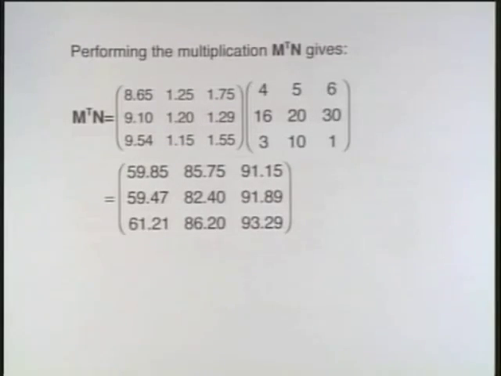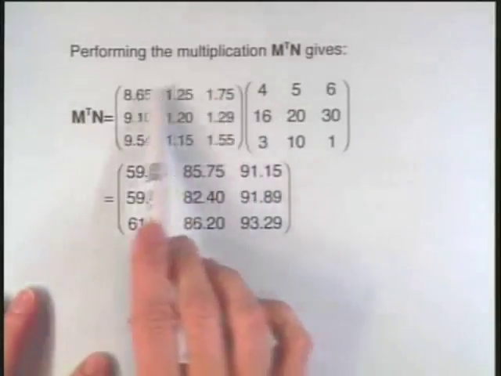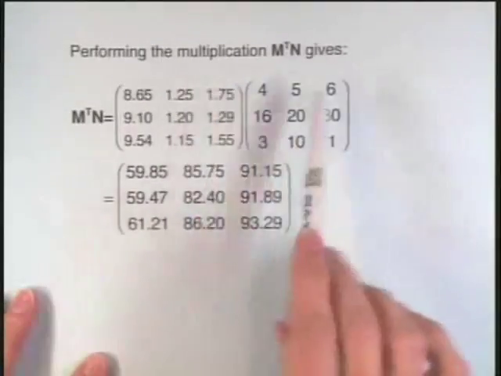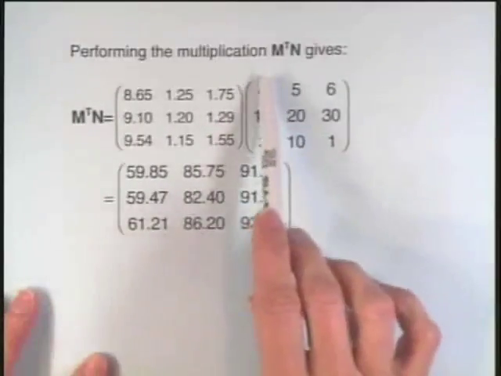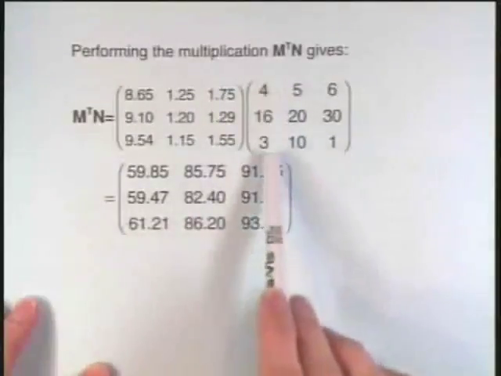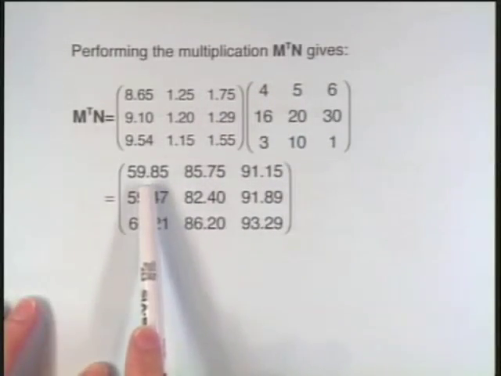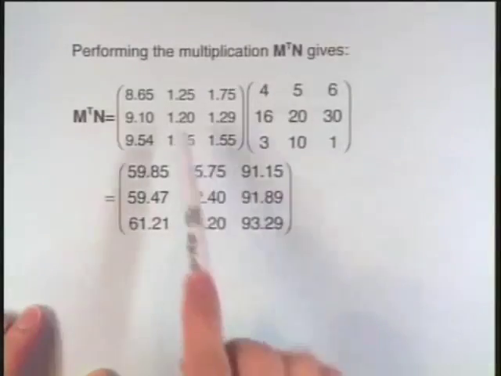Performing the multiplication M transpose N gives M transpose N equals, this is M transpose, here is N. You multiply row by column. First row by first column gives us the first entry. First row by second column gives us the second entry.